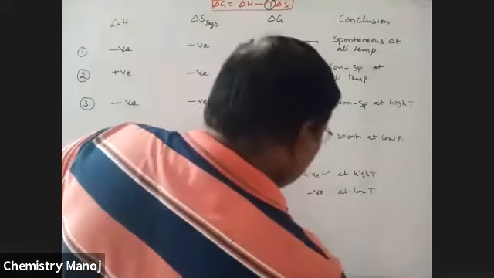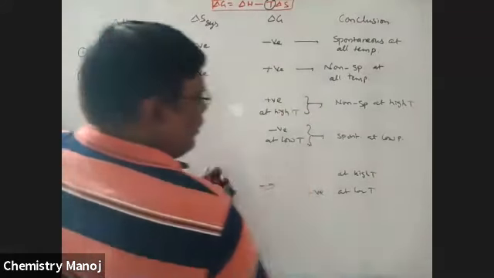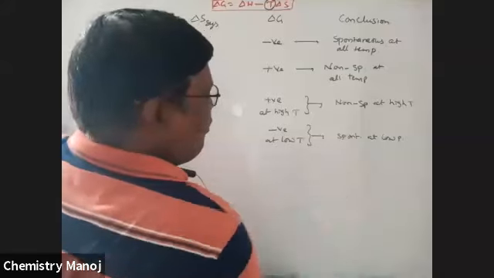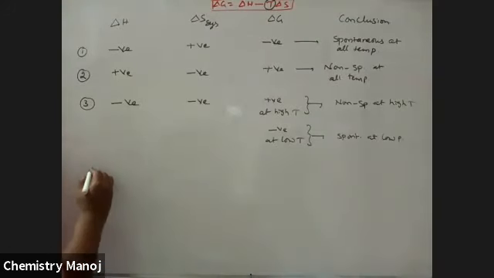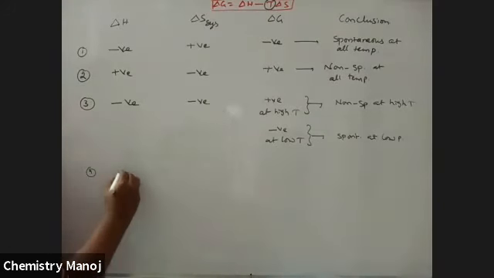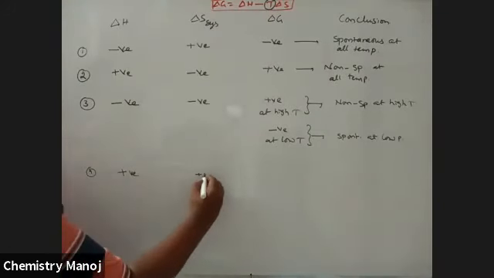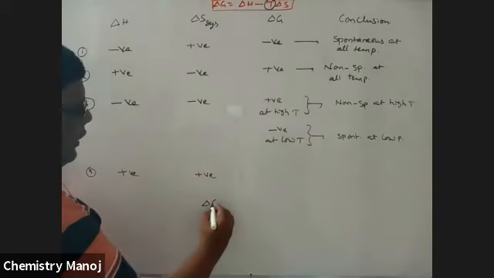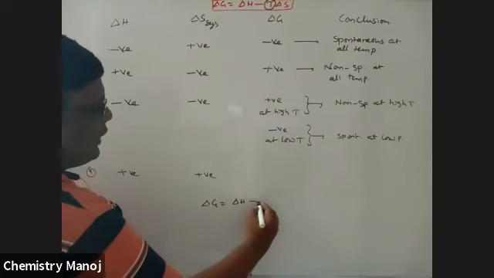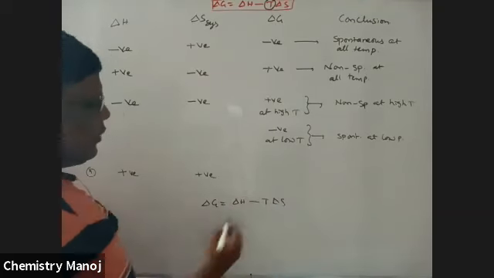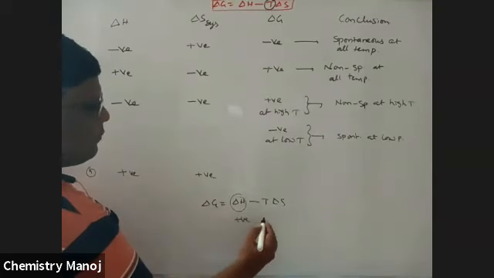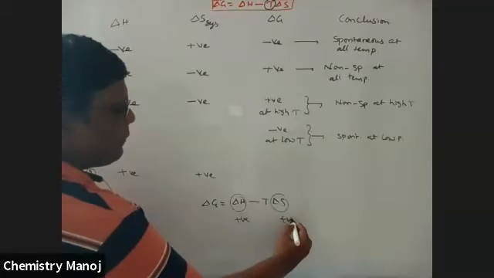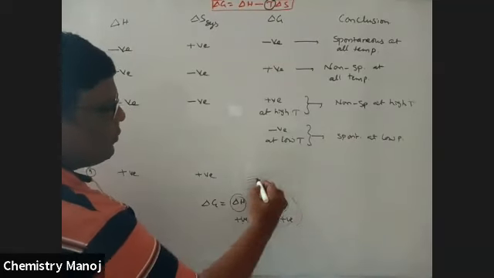Now, the fourth case: both are positive. What happened? Both are positive, and we have the formula delta G is equal to delta H minus T delta S. So the overall value may be negative.